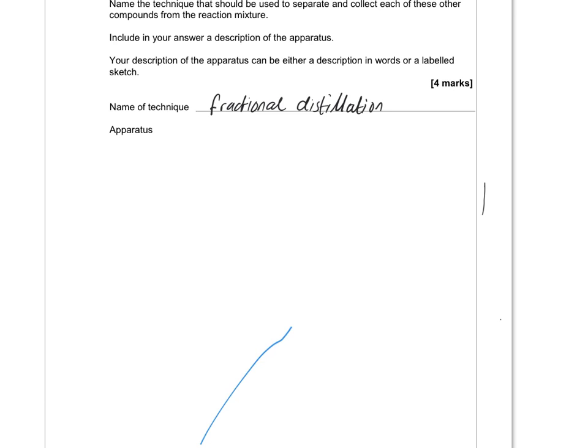pencil and hopefully a ruler. So if we put our ruler onto here, we now need to draw the condenser, and the condenser is a thin tube, and that tube is surrounded by a jacket where the water flows in a separate contained unit. So that jacket, let's come round here, that joins onto there.